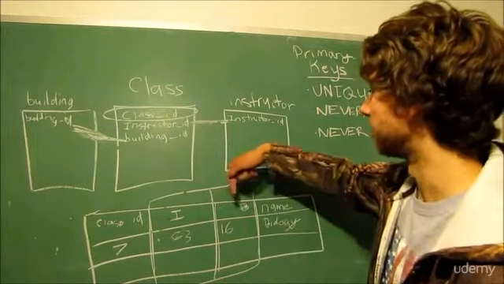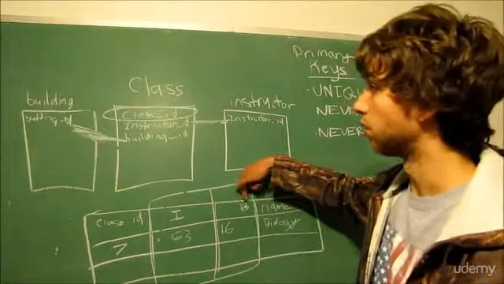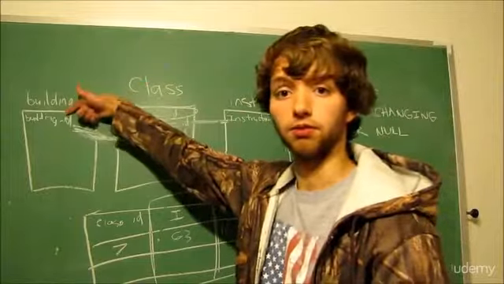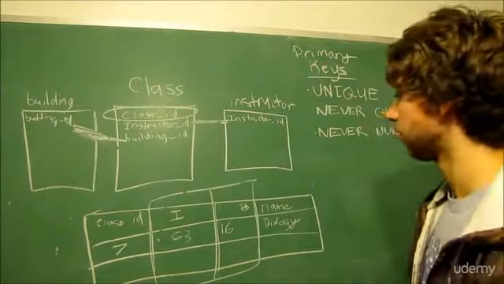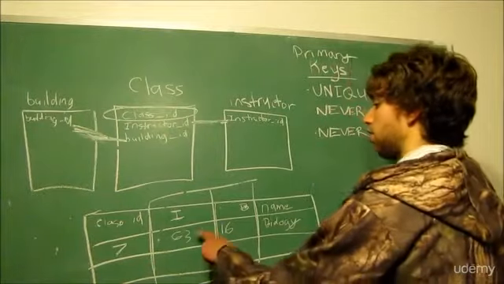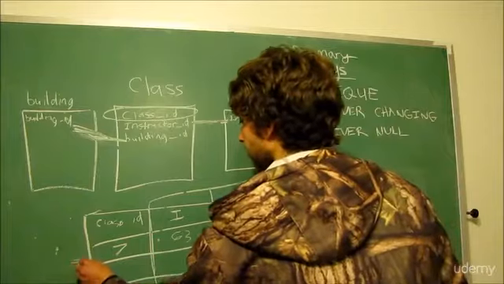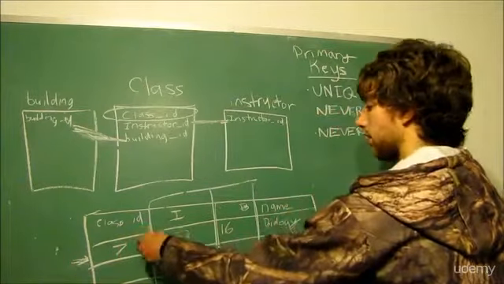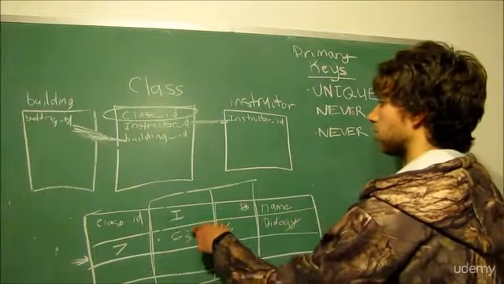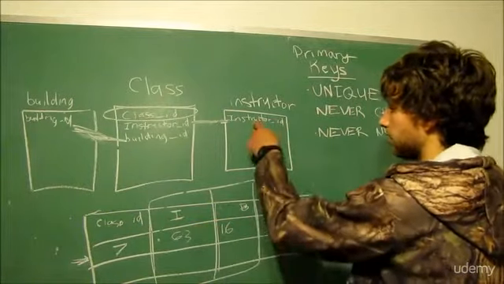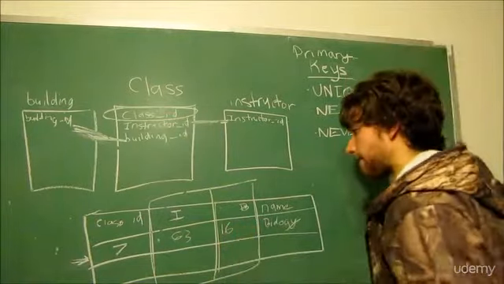Now, same for the building ID, we could say that every single row has to reference a value within the building ID. So let's say this row right here, the class ID with 7, biology, references the instructor with the ID of 63, and the building with the ID of 16.